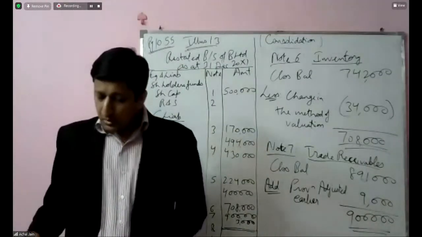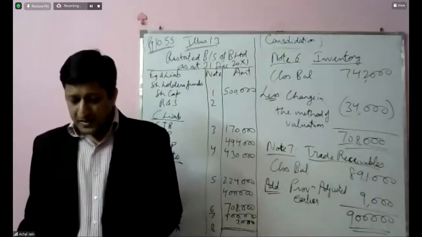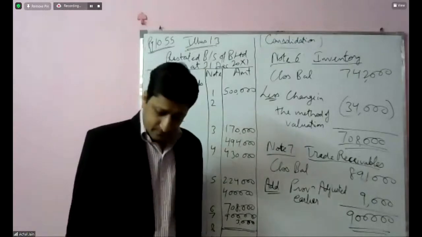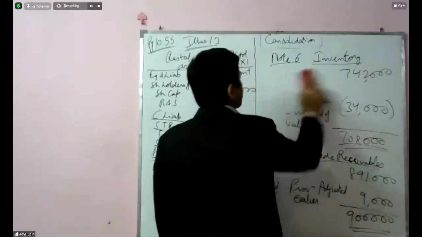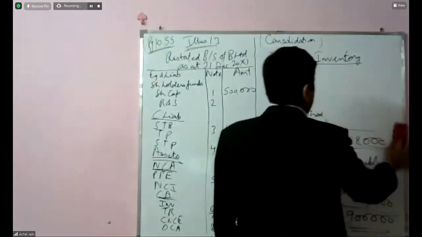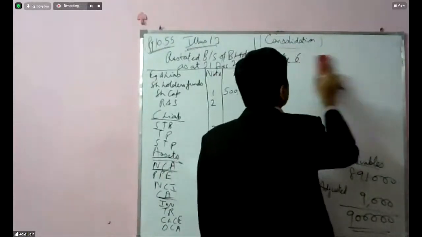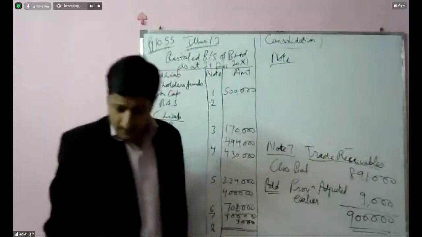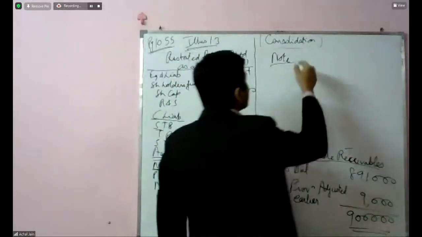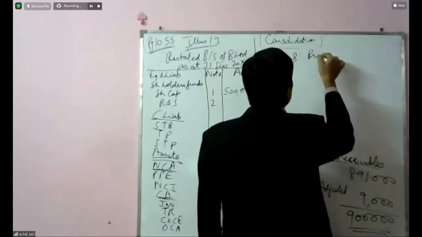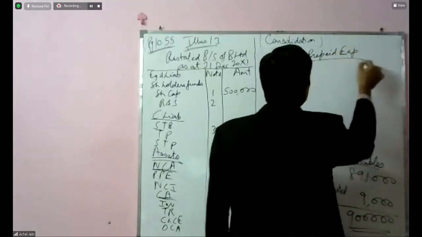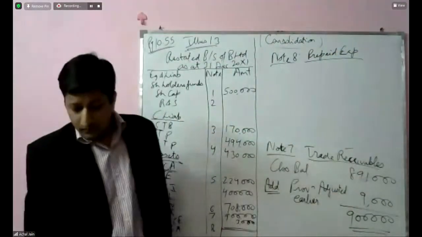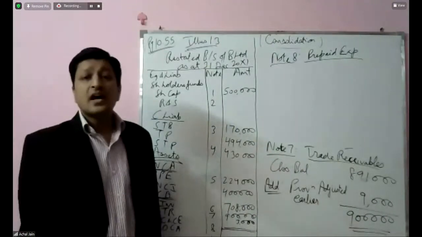Next, note number 8, prepaid expenses. So note number 8 is other current assets.